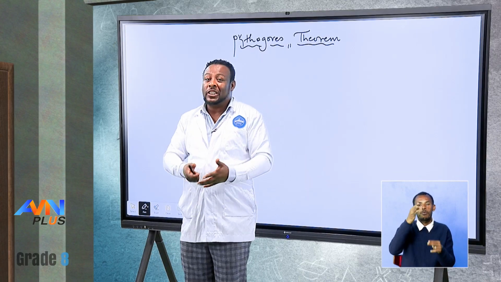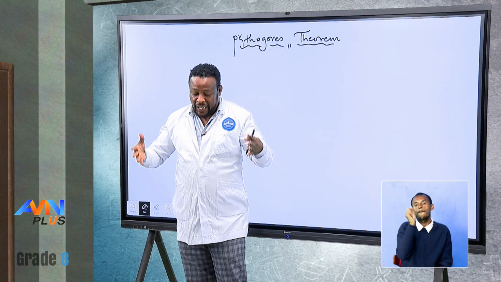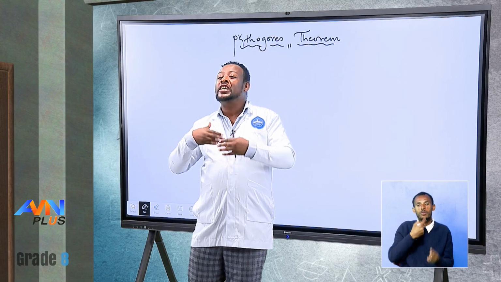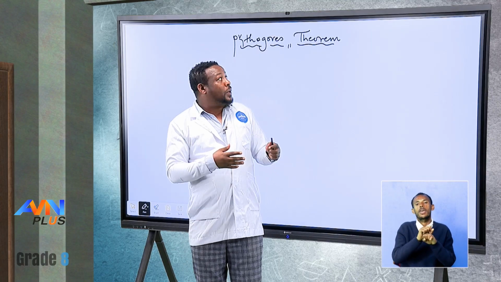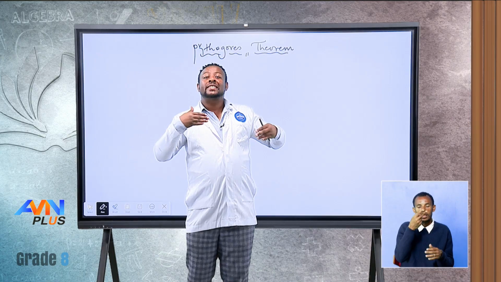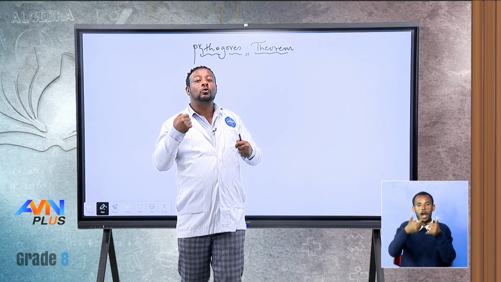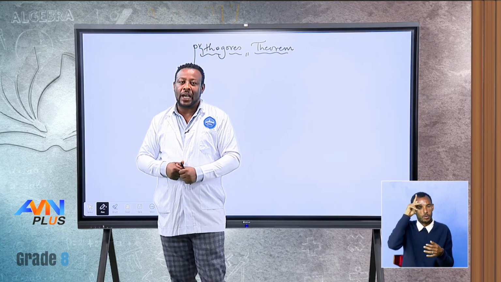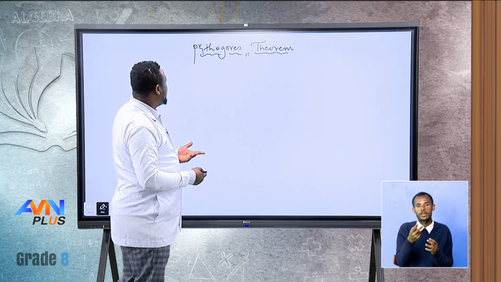He is a mathematician, and also a musician. He is believed to be a religious person in his era. We will see what his theorem is saying, and how the formula of Pythagoras theorem can be derived. So let's see what the theorem is saying.